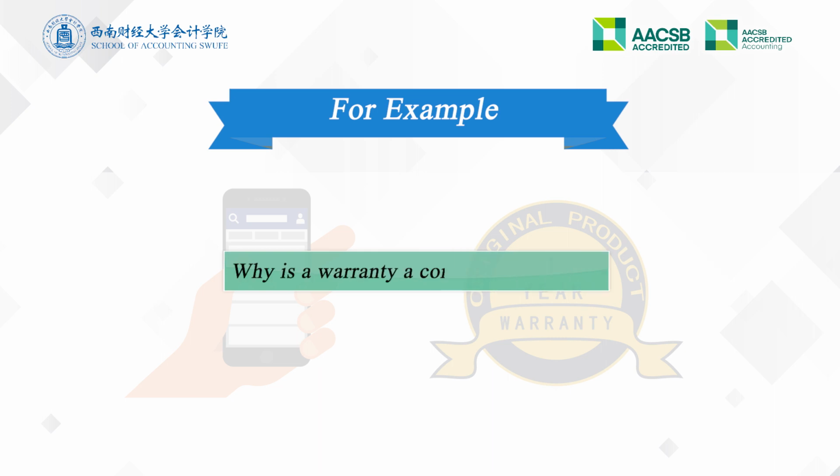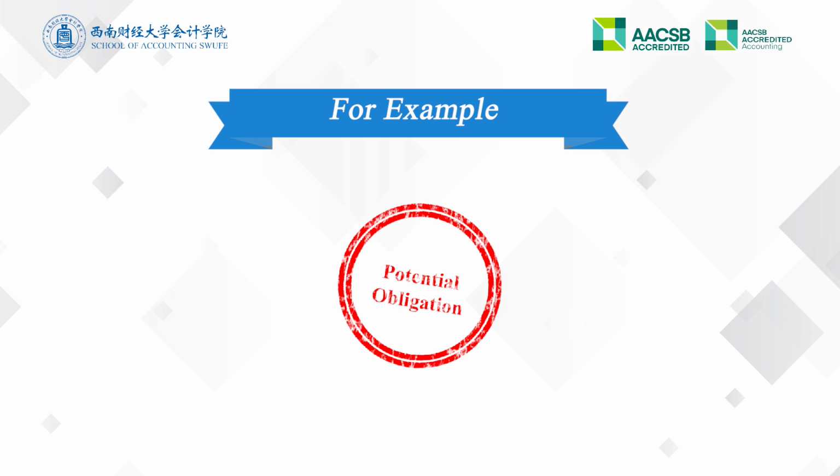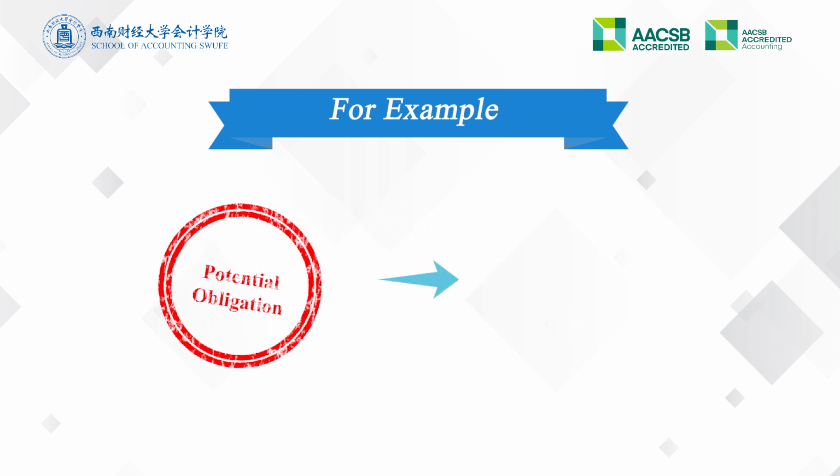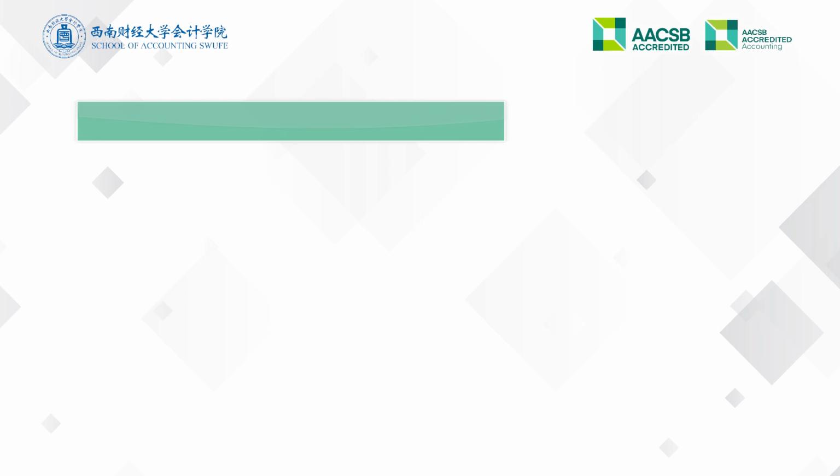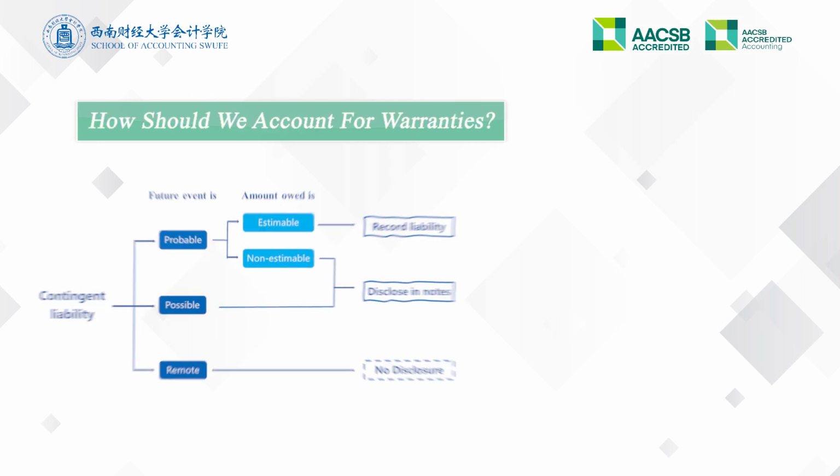Why is a warranty a contingent liability? It is a potential obligation because it may lead to expenditures depending on whether products perform normally within the warranty period. Then how should we account for warranties?